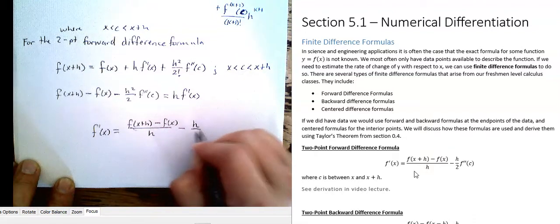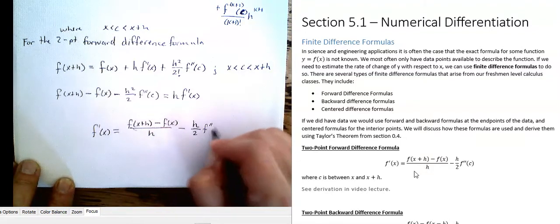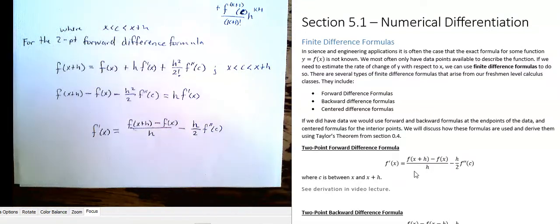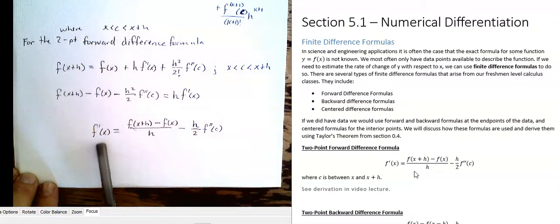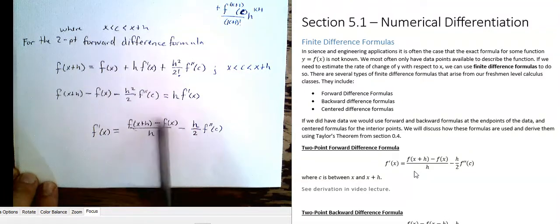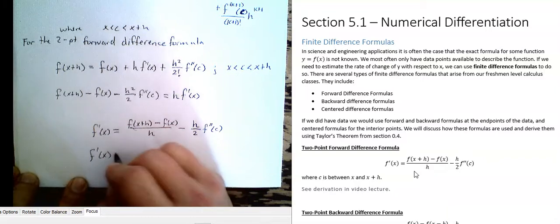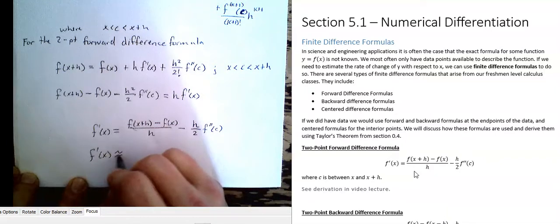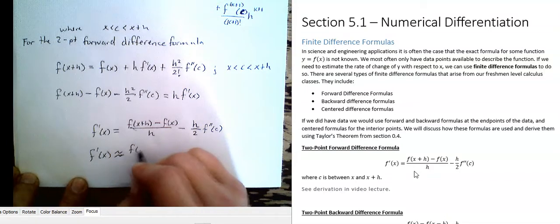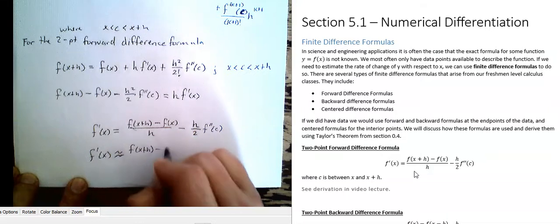So this will become h over 2 f double prime at c. So you can see that the derivative is approximated by this term right here, minus some unknown error value, right? So f prime can be approximately denoted by this 2-point forward difference like that.